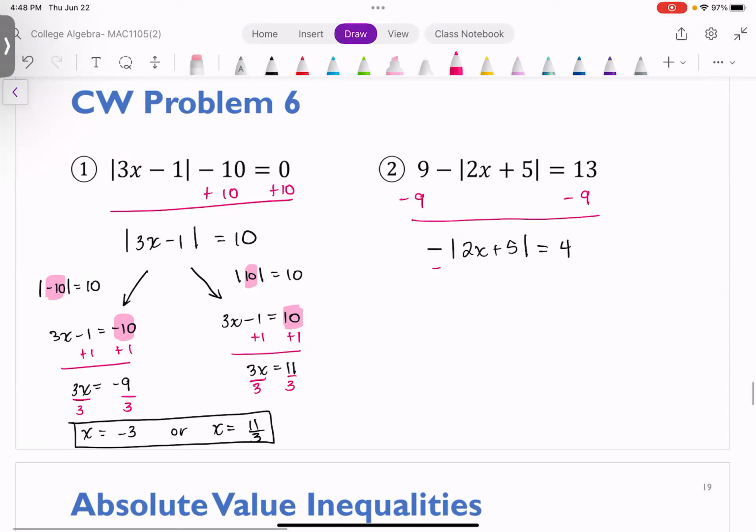So I am going to divide both sides of the equal sign by -1. On the left, I get the absolute value of 2x plus 5. And on the right, I get -4. This tells us that there's no solution. I know this because absolute value is always positive.